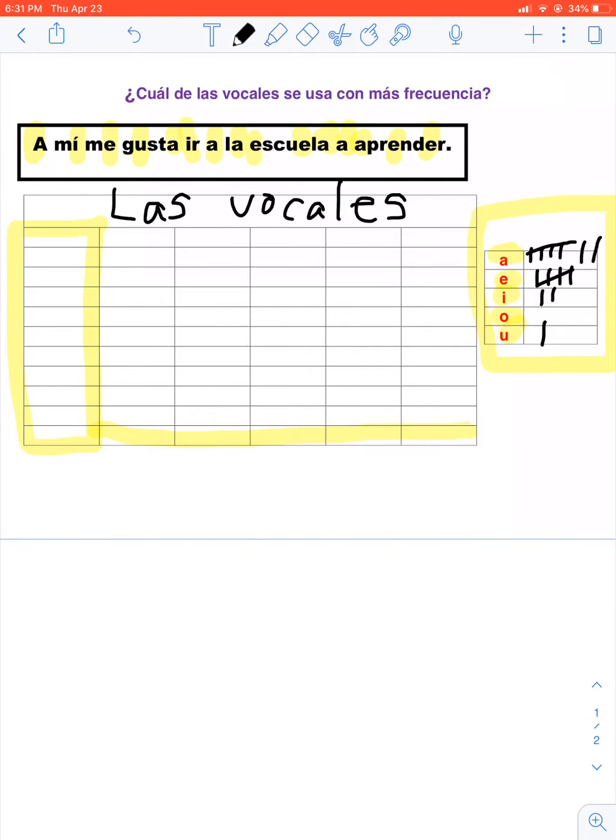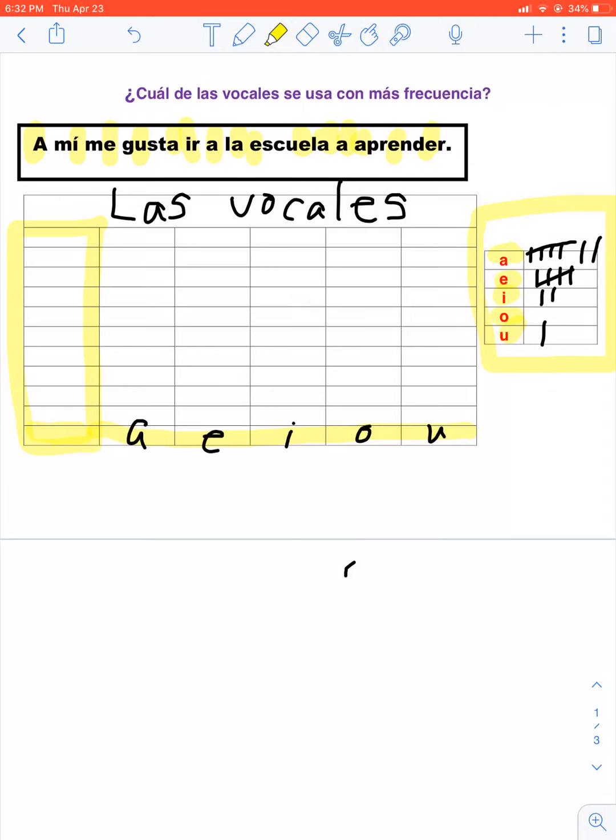Okay, so let's start off with our category names. So we counted las vocales, right? So in this first column, we'll put la A, la E, la I, la O, la U. Okay, now do not put anything, don't put a number here, because that's actually 0.